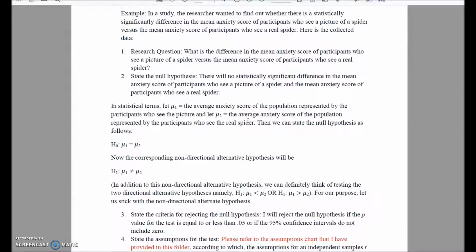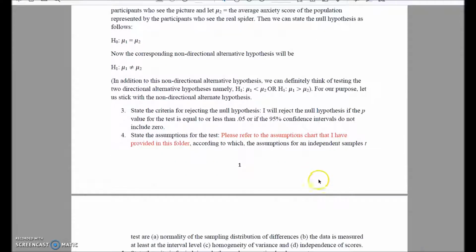Now we need to set the criteria for rejecting the null. To set the criteria for rejecting the null, remember how we use the common one. I will reject the null hypothesis if the p-value for the test is equal to or less than 0.05, or if the 95% confidence intervals do not include 0.